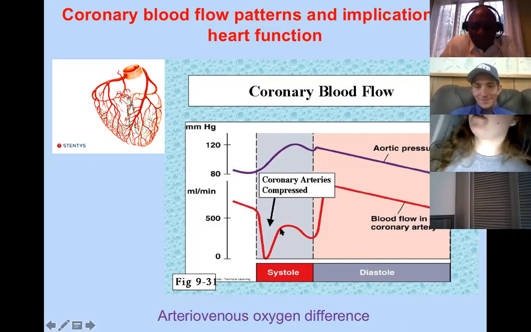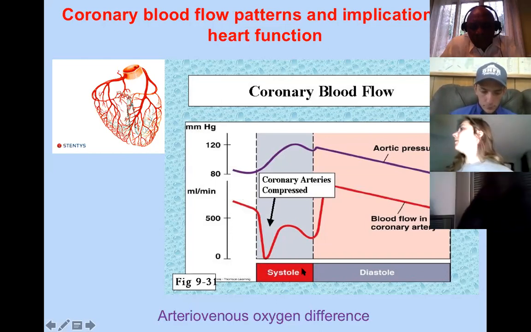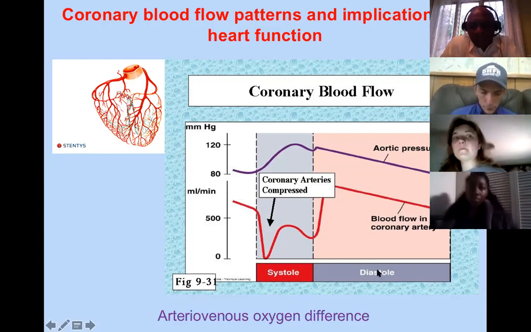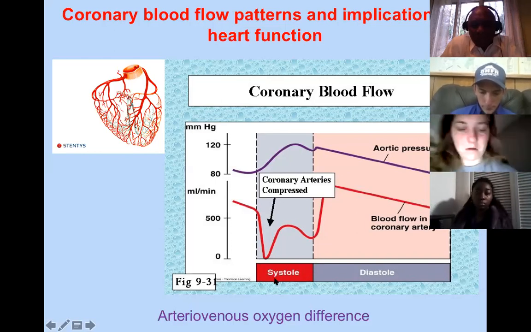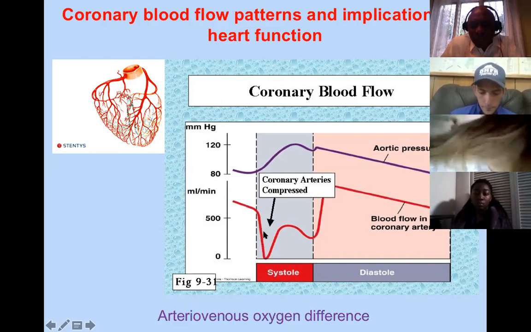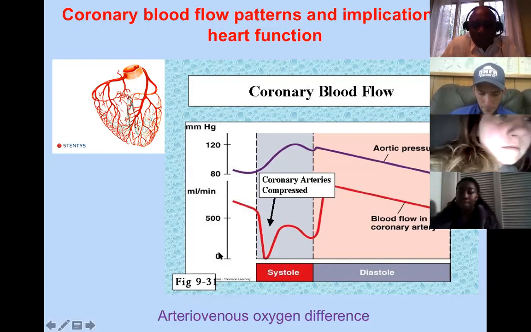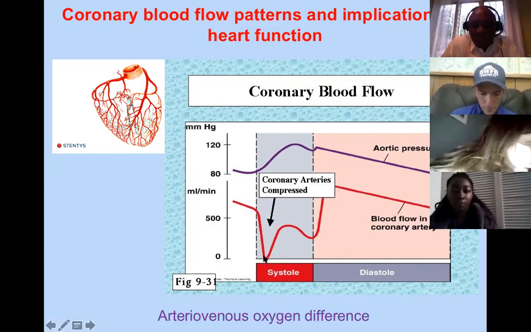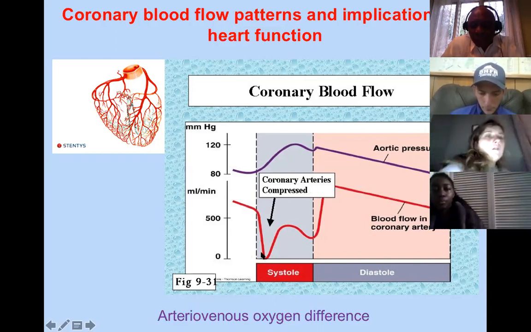And like we said last time, if you follow the red line here, and we've divided this cardiac cycle, so there's systole and the diastole. At the beginning of the systole, when the cardiac muscles are contracting, there is a momentary zero blood flow when the coronary arteries are compressed, okay?